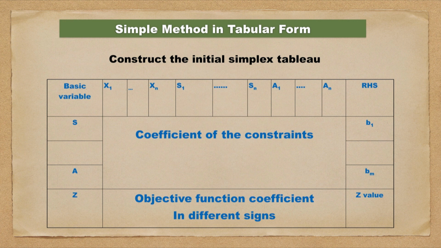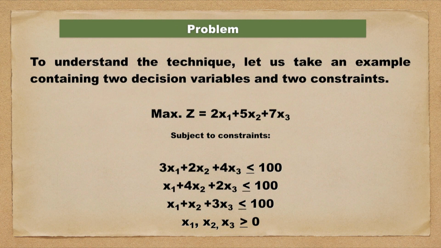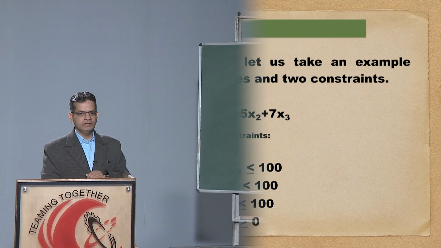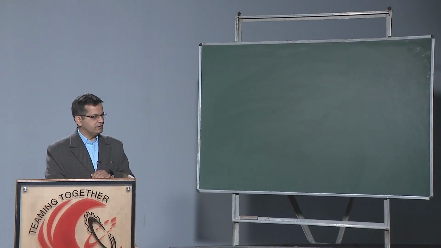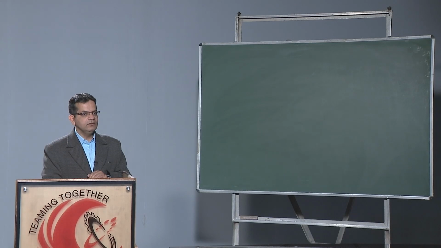So, this tabular form differs from expert to expert and author to author, and in this lecture we use the simple form of this tabular form to let you know how we can use the simplex method to solve an LPP. In the next slide we are taking one numerical example to understand this simplex technique, and this has 3 variables and 3 constraints, because for 2 variables and 2 constraints we can use the graphical method. So, we have used an LPP which has 3 variables and 3 constraints.